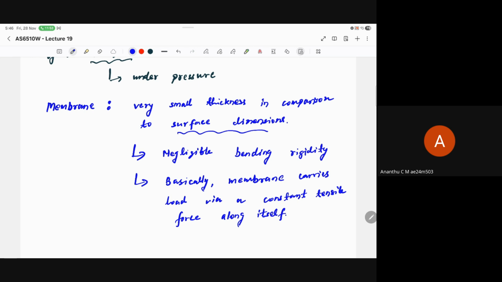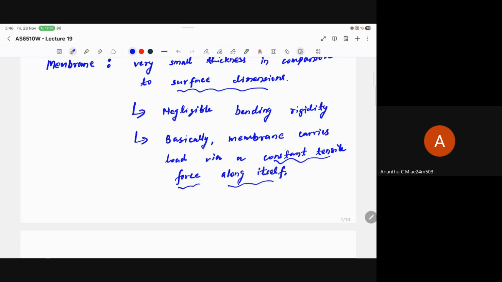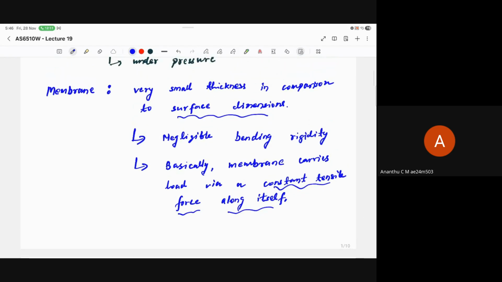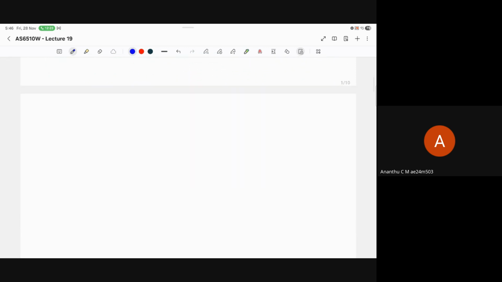So it can take loading along itself, basically along the surface dimensions. So it can take constant tension force along itself. It can only take tension force. Since it is a membrane, this is a 2D structure. So if you define this surface dimension in the xy plane, that means it can take tension force in the x direction and y direction. So this is the definition of a membrane.